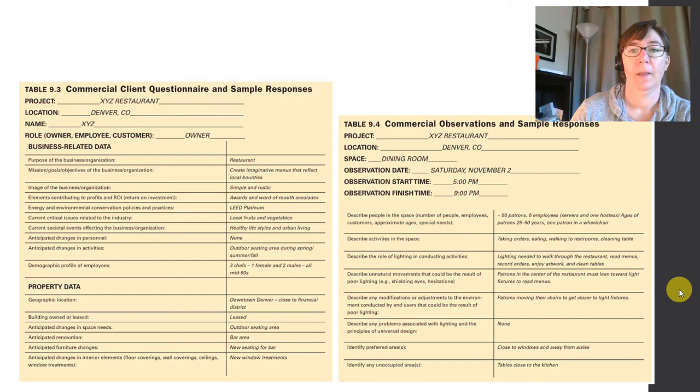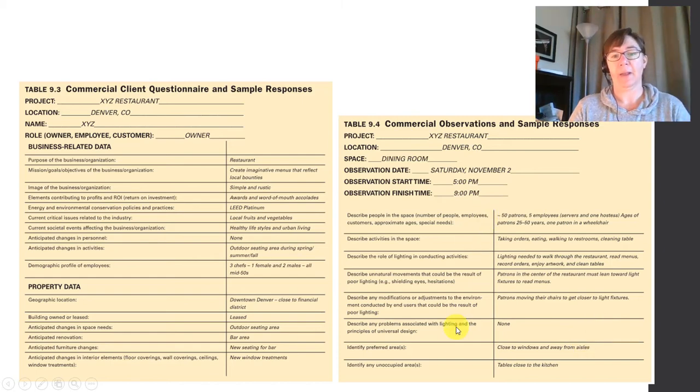And one thing I really want you to take a look at is this one right here, Table 9.4, and take a look at the kinds of questions that it's asking. The people in the space, who uses this space, the activities in this space, the role of lighting in conducting those activities. What do you need the lighting for?